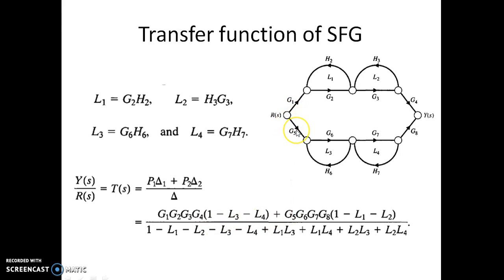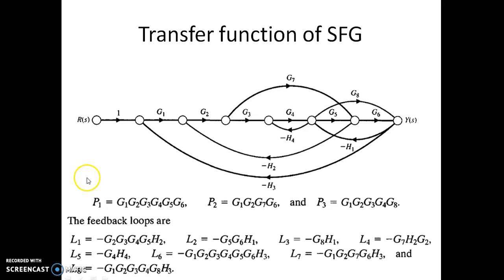Similarly, P2 is the second forward path, G5, G6, G7, G8, multiplied by delta 2. Delta 2 is 1 minus L1 minus L2. These two are the loops which are not touching this forward path. And we have this as the delta, which we found in the previous slide. This way we can comfortably write the transfer function of a given signal flow graph.